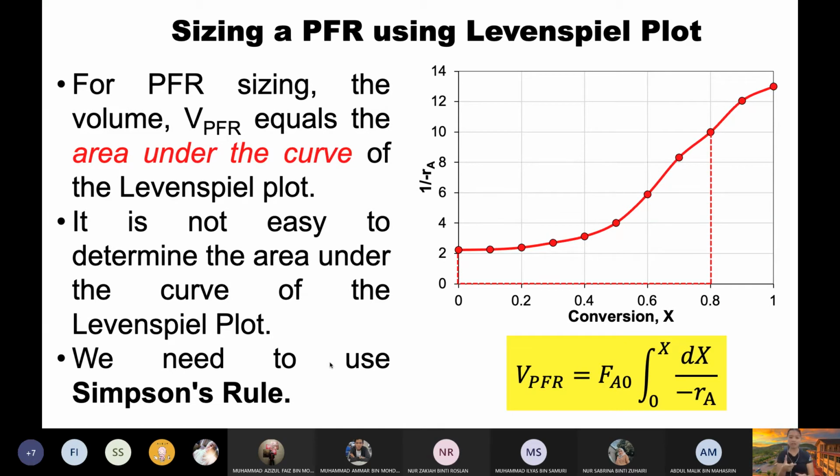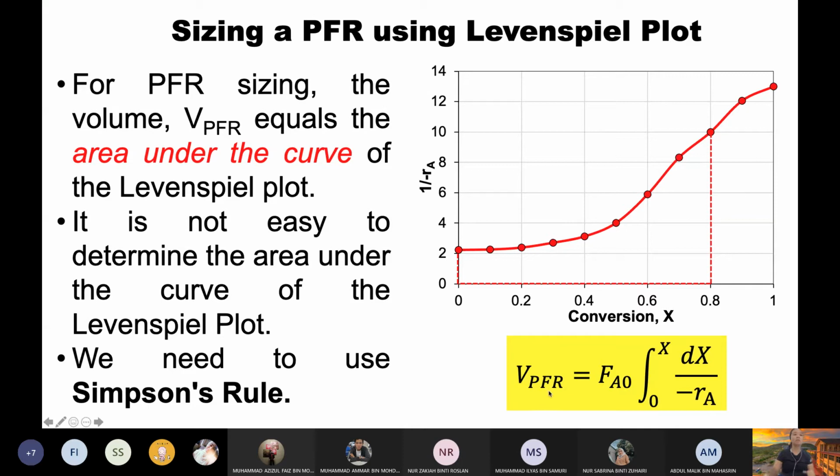However, there is a bit of complication. Why the complication? Because just now for the CSTR, the reactor volume equals FA0 multiplied with the area above and below the curve, which is a rectangle.